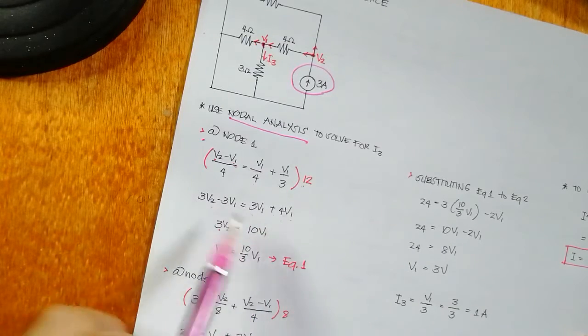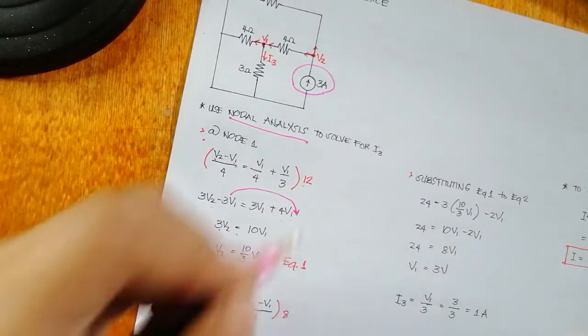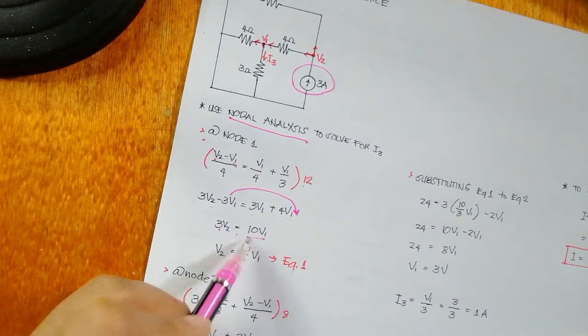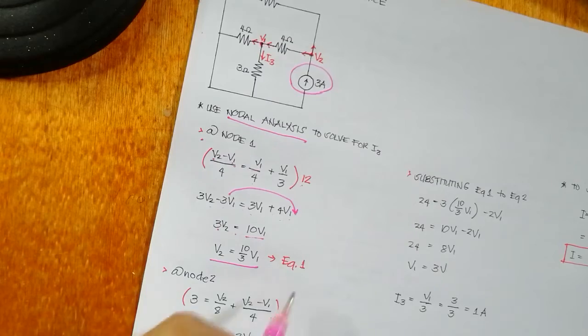Then transposing negative 3V1, we have 10V1. Then V2 is equal to 10 over 3 V1. Then label it as equation 1.